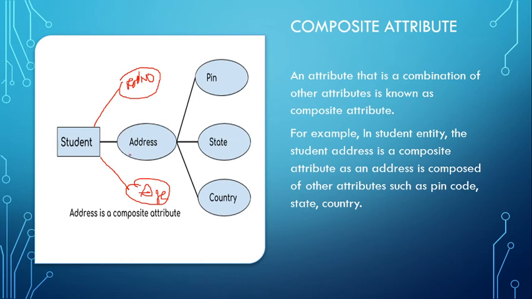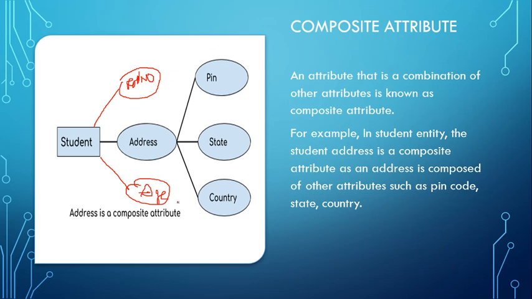When a particular attribute can be further divided, it is called a composite attribute. So the attribute address is a combination of other attributes, right? Address is a combination of country, state, pin, house number, street, colony, all these things.